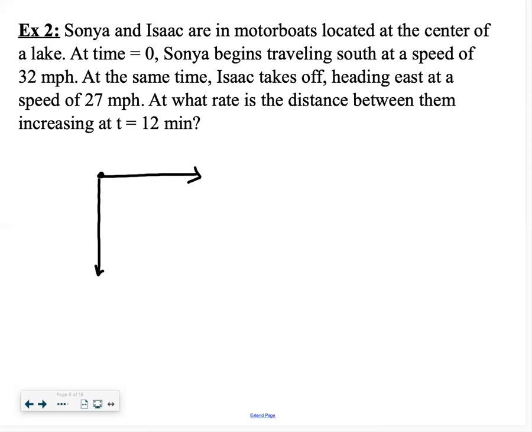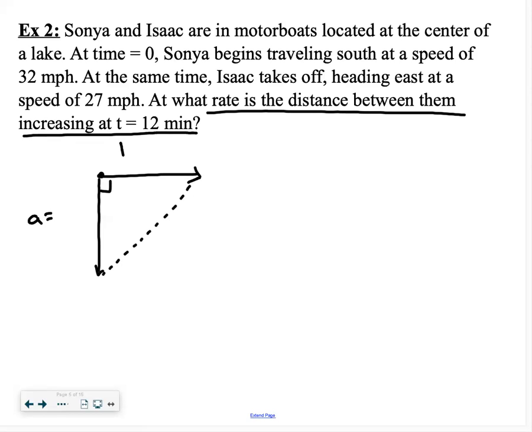And the question is, at what rate is the distance between them increasing at a certain time? So they're asking, what is the rate of change of this distance between the two boats changing? Okay, so I have a little right triangle there. So let's go back to labeling A's, B's, and C's. Let's call that A, let's call this B, and let's call this C.